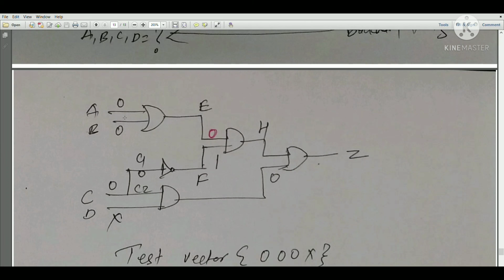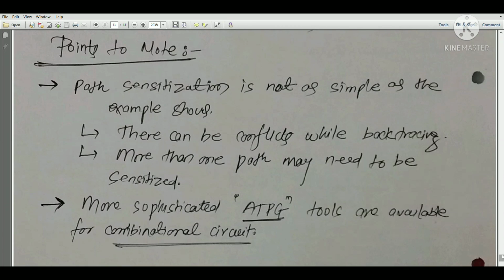It may be possible that you are applying logic 0 here and you have to apply logic 1 there, or you are applying 1 here and you have to set 0 there. So some conflicts may be there, because you are backtracing from Z to A, Z to B, from output to input. So conflicts can be there, and you have to sensitize more than one path. These are the difficulties of the path sensitization method.